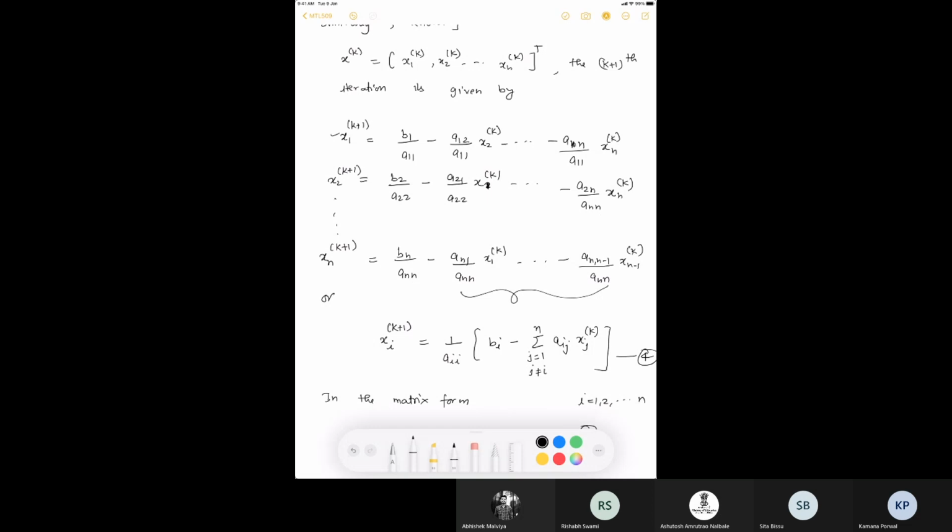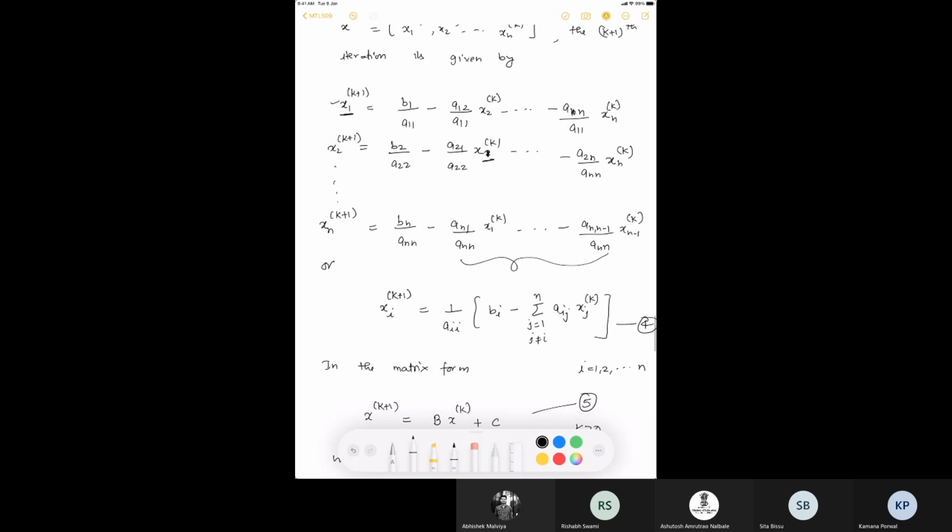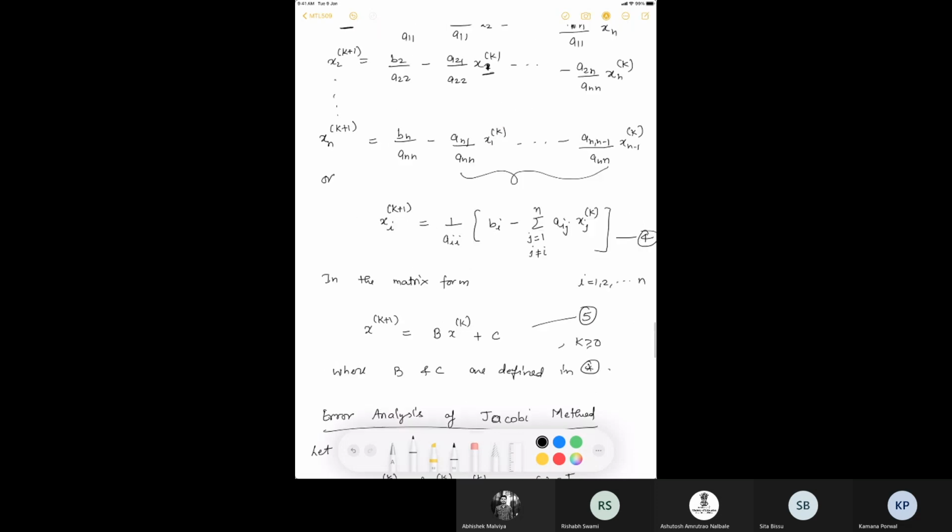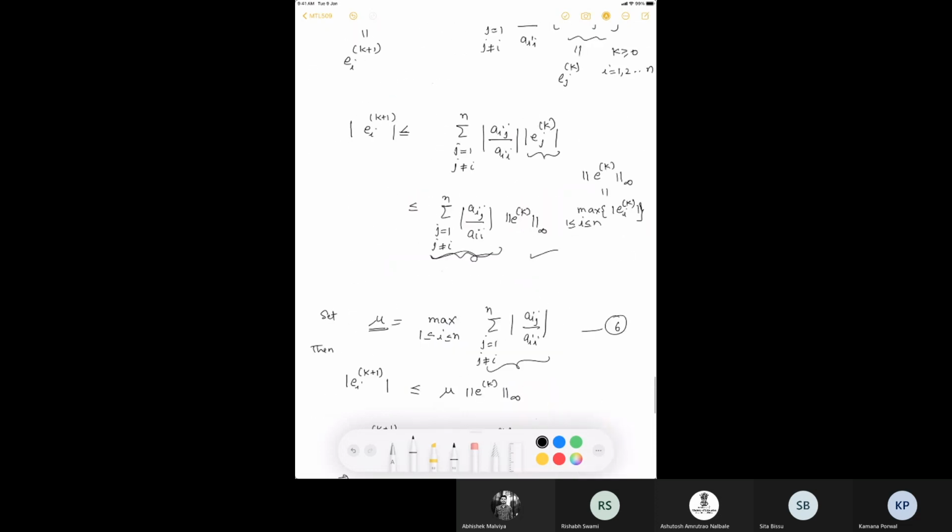right? But note that I already have x1 from the k plus 1th iteration. So rather than using x1 here from the kth iteration, I can use very well the information which I have already computed, right? I can use here x1 from the k plus 1th. And now when I will compute x3, I have already computed x1 and x2 from the k plus 1th iteration, right? So to compute x3, rather than using x1 and x2 from the kth iteration, I use them from the k plus 1th iteration, and if you repeat this process, then the method we get is the Gauss-Seidel method.